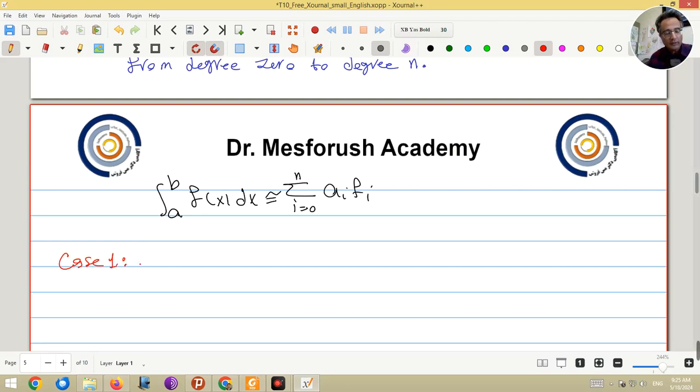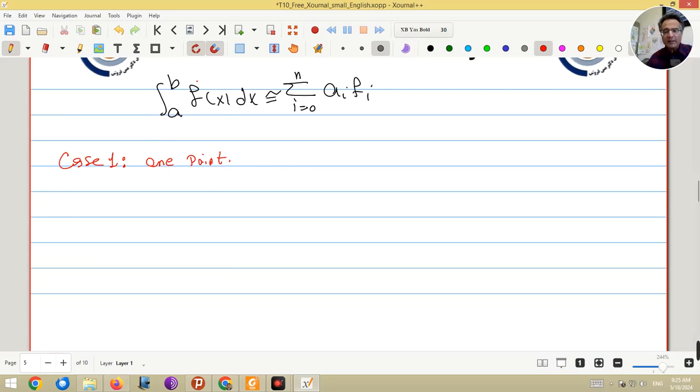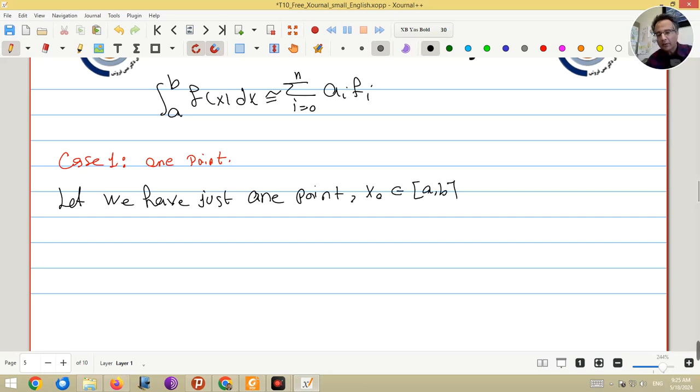Okay, now in a very special case, consider that we have just one point in the interval. Case 1: 1 point. Let us say we have just one point, for example x0, in the interval, and f of x0 is known.